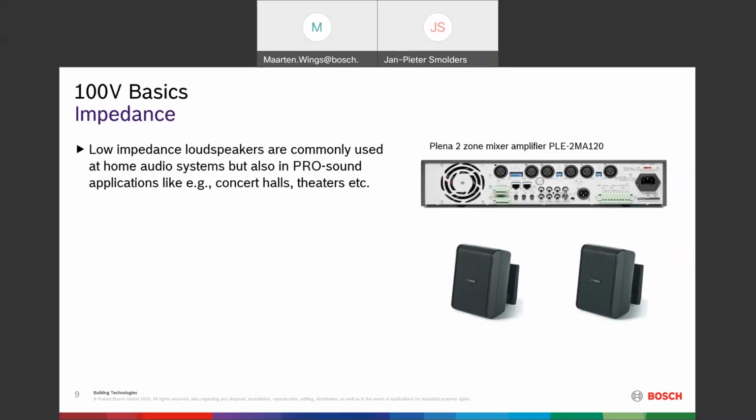Low impedance loudspeakers are quite commonly used in home systems. Most likely you have at home an audio system with loudspeakers which are low impedance. But they also use it in pro sound, for instance in concert halls, theaters and festivals, where you see large stacks of amplifiers with low impedance loudspeakers connected to them.